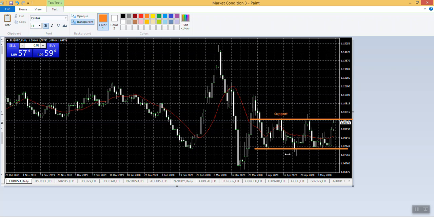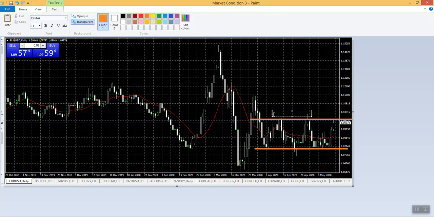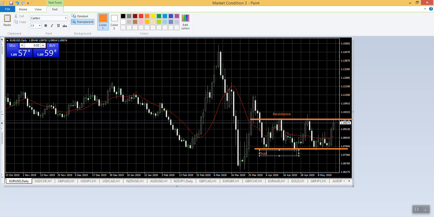Sorry, it's a resistance when it touches up, because resistance forms a bearish trend. And it becomes a support when it touches down and wants to rise, as we've seen in the definition.